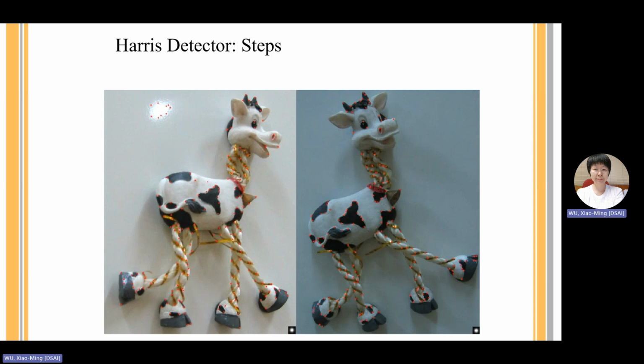You can observe the detector is robust to variations in rotation, because even though the object is rotated by some angle, it can still successfully identify the same corner pixels.